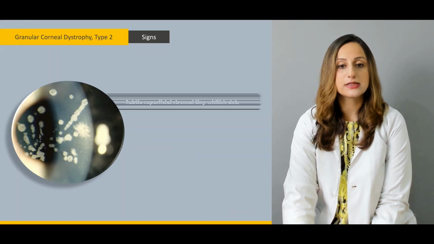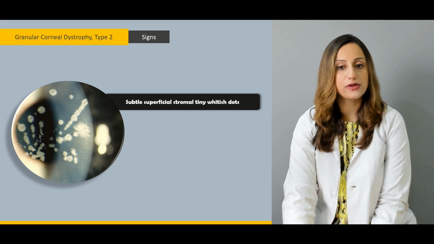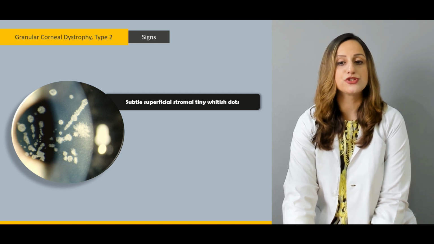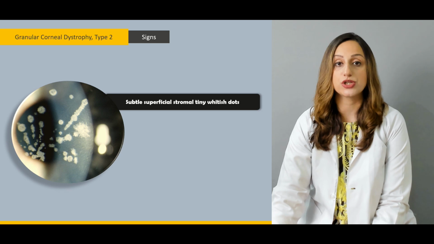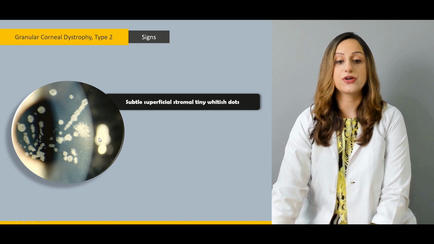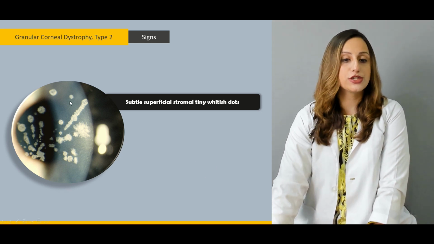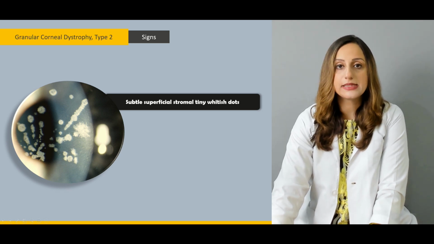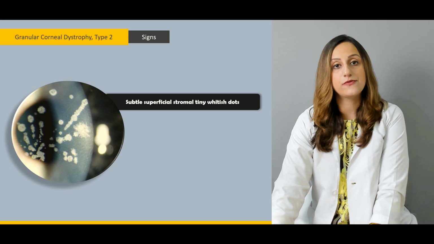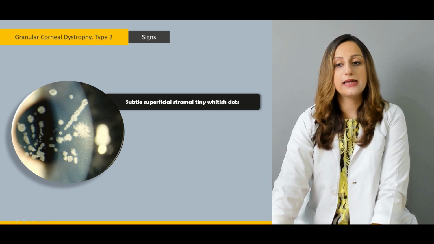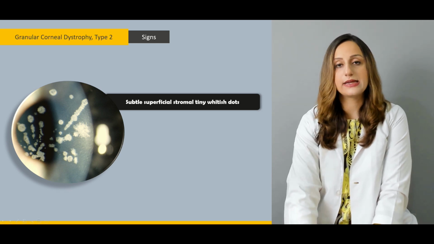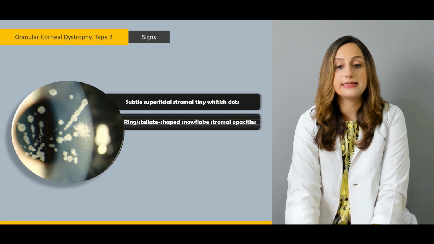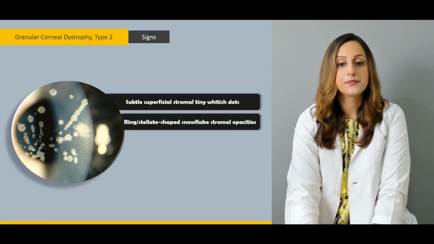Usually the signs included in the type 2 variety are the subtle superficial stromal tiny whitish dots. As you can observe, these are tiny whitish dots, and they're not only involving the epithelium, they're also going up to the level of the stroma. And these are quite subtle. They can involve the axial as well as the peripheral pattern.